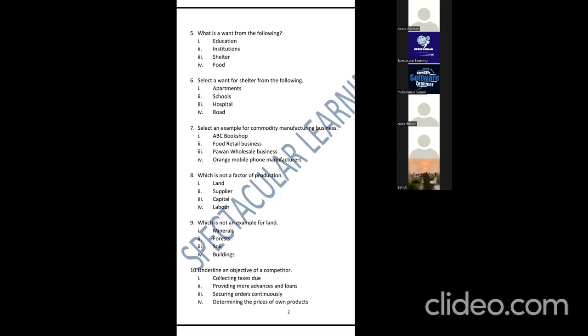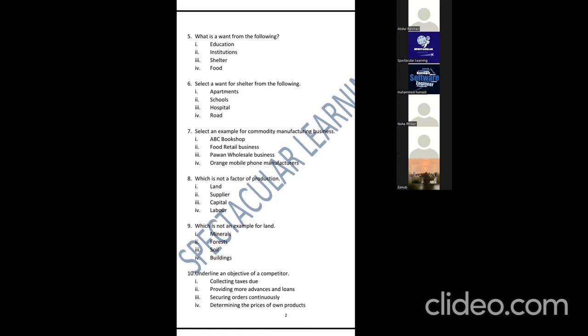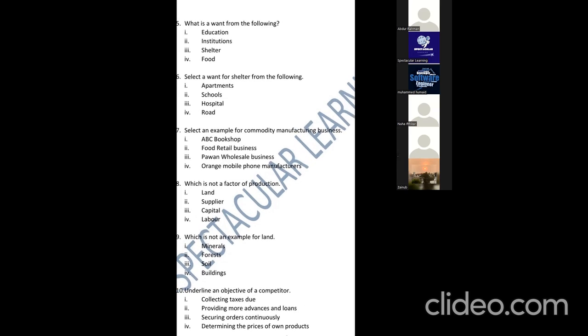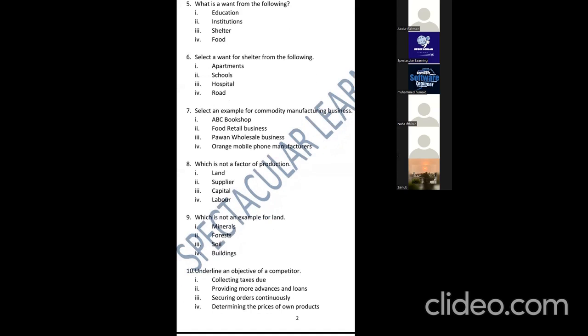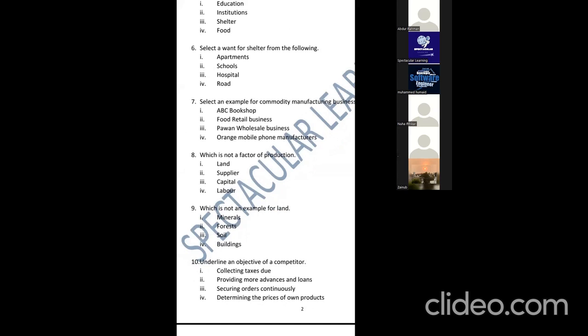Food retail business, retail business is also a service providing business. Wholesale businesses are also service providing businesses. So the one and only commodity manufacturing business is the fourth one, orange mobile phone manufacturer. So the eighth one, which is not a factor of production. Yes, the second one, suppliers. So who are suppliers? Under what do they come?